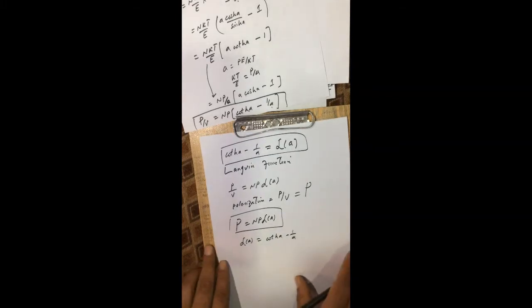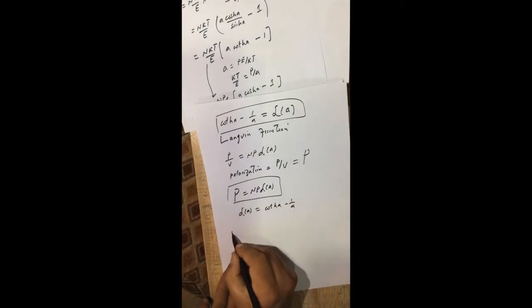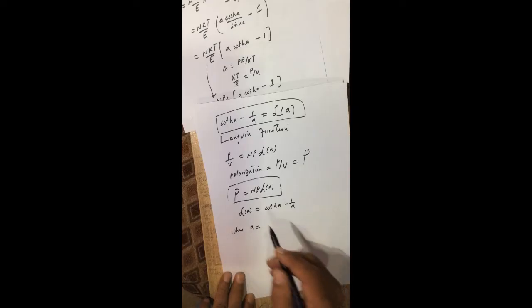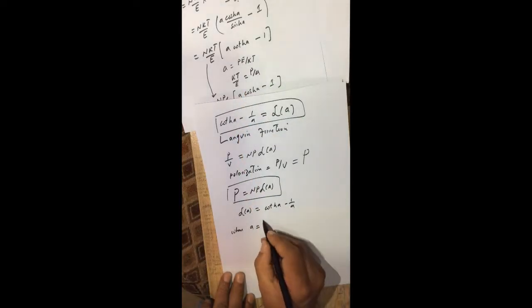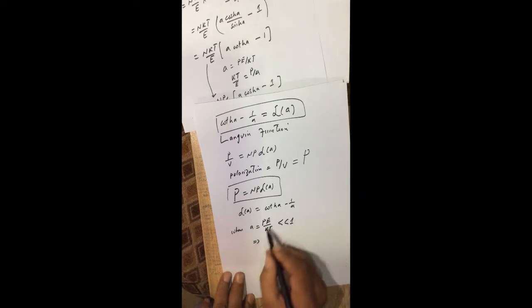Now I'll consider a special case. We make a supposition that A is equal to PE over KT. Now when A is much smaller than 1, what does it mean?